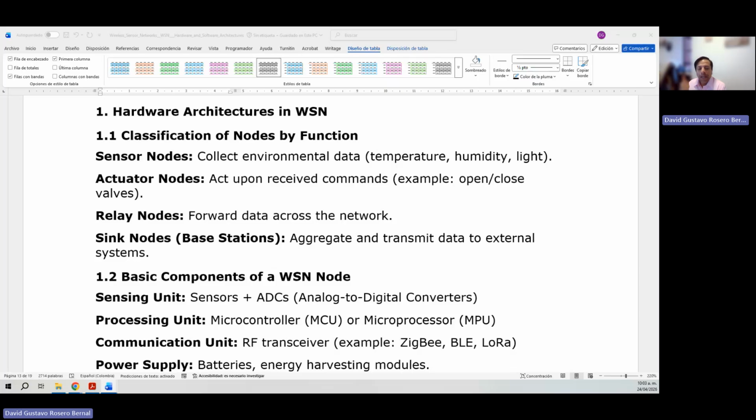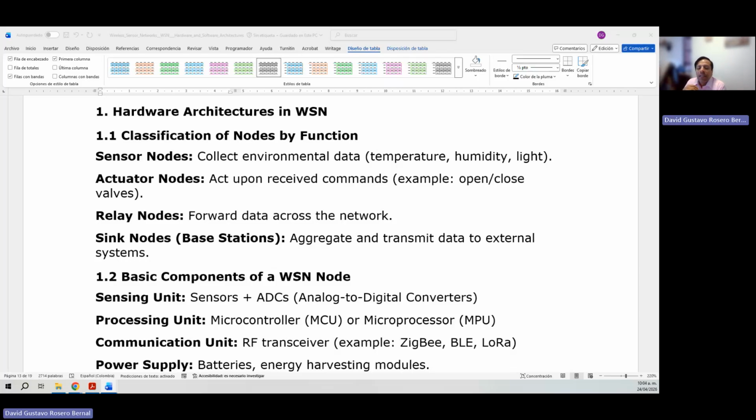For this, the first point is the classification of the nodes by function. In WSN, nodes are not homogeneous. Rather, they are classified according to their role in the network. So we could have the sensor nodes.